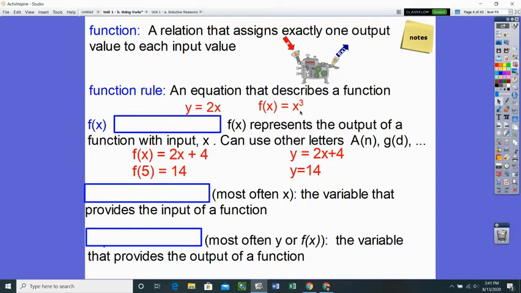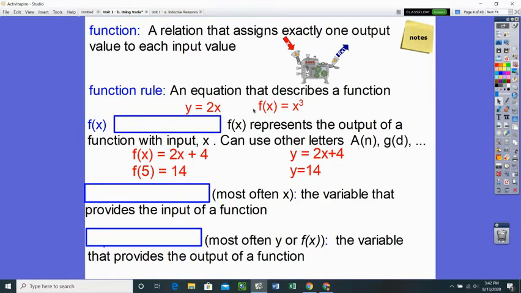This function rule is taking your input and cubing it. It's multiplying it by itself 3 times. So if I was to put 2 into this function, I'm going to raise 2 to the 3rd power, which we did in our last video, and 2 times 2 is 4, times 2 is 8, and 8 would be the output.